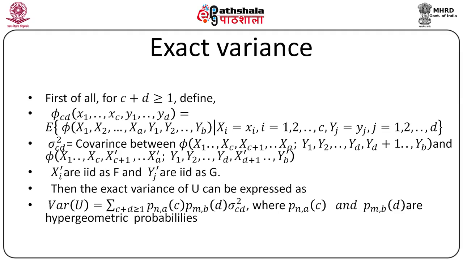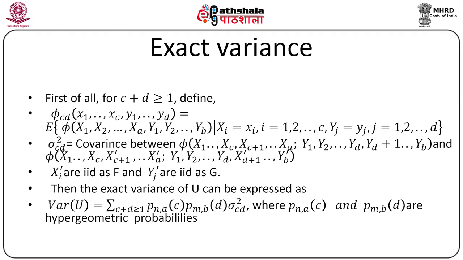Also define sigma square cd equal to covariance between phi with arguments x1, x2, xc, xc plus 1 up to xa and y1, y2, yd, yd plus 1 up to yb, and phi with arguments x1, x2, xc, then x dash c plus 1 up to x dash a, and then y1, y2, yd, and y dash d plus 1 up to y dash b, where xi dash are iid as F and yj dash are iid as G.